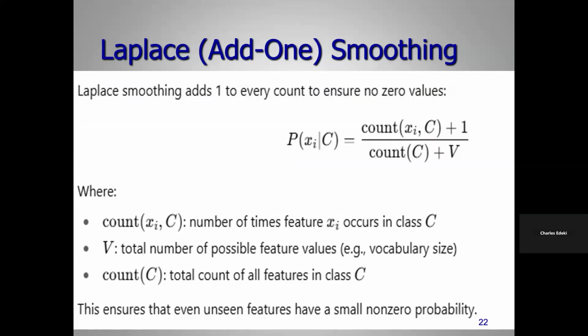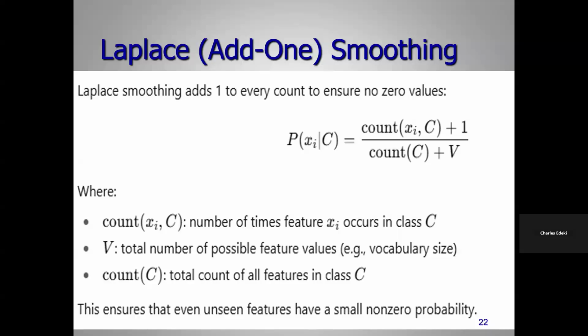You can see the formula now, which is very interesting: count of Xi in C plus 1, over count C plus V. Below, they tell us V is the total number of possible feature values, count C is the total count of all features in class C, and the numerator is the number of times feature Xi occurs in class C. In short, Laplace smoothing is the most common and simplest method to fix the 0 problem, and it is sometimes called add-one smoothing.